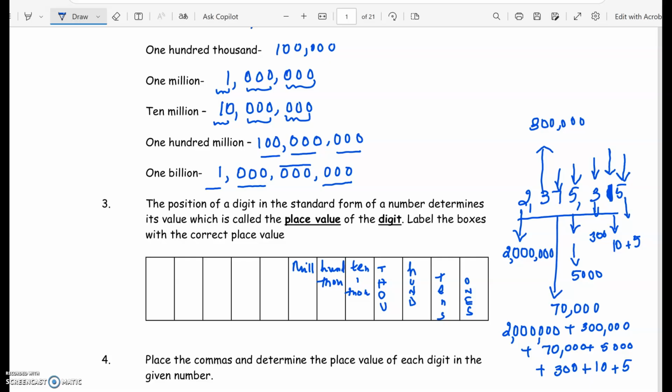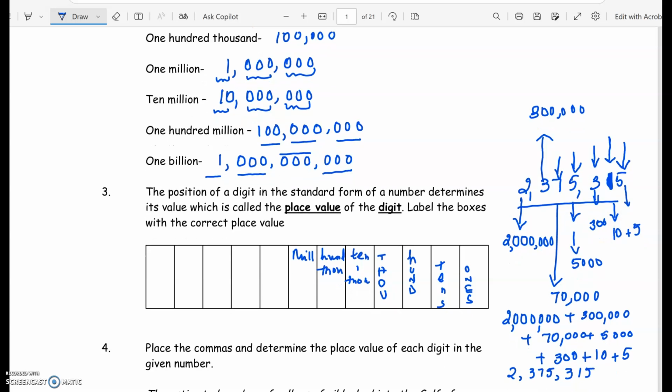When we add all these numbers, we get 2,375,315.